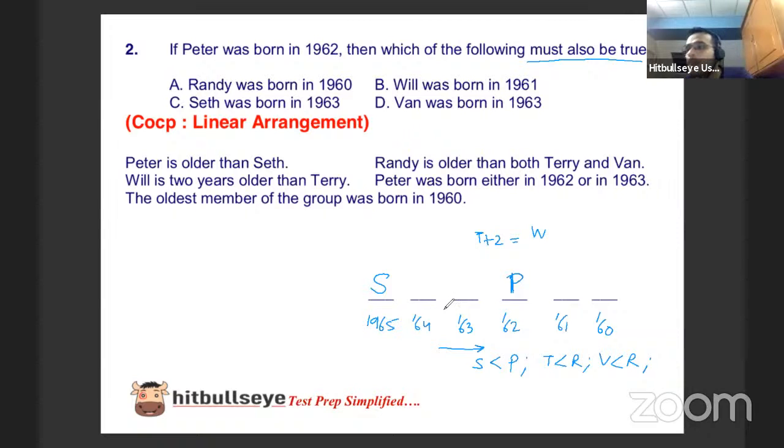R will come on either 60 or 61. Why? Because we have to have both T and V coming over here. So let's put R over here. Why? Because T plus 2 is equal to W. And what is left? We have V, which will come over here. Now, in this case, Randy was born in 1960, which is my first option. A is the right answer.